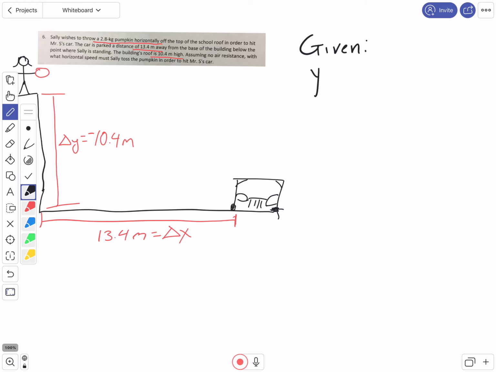So for our y direction, we have our delta y is equal to negative 10.4 meters. Our acceleration in the y direction is negative 10 meters per second squared.